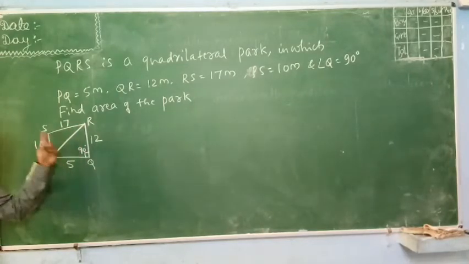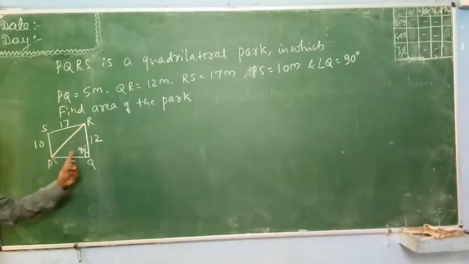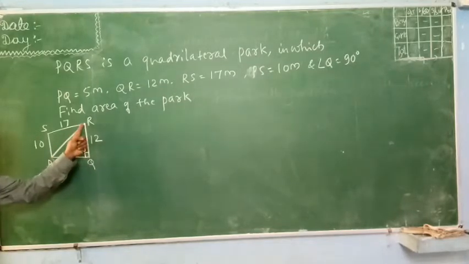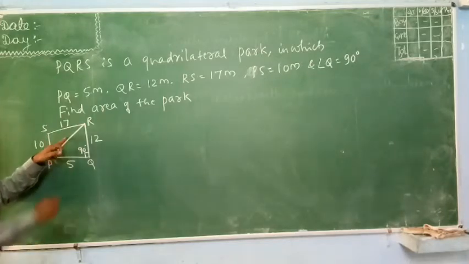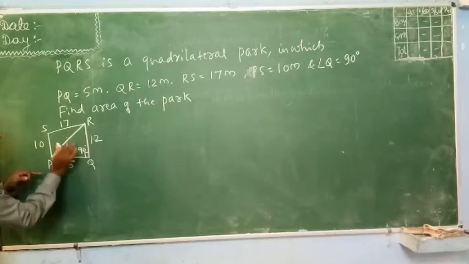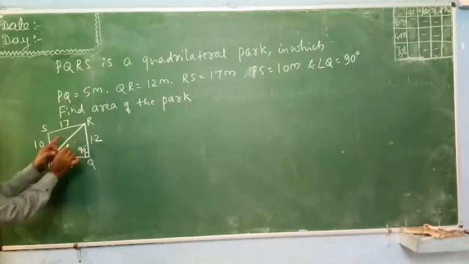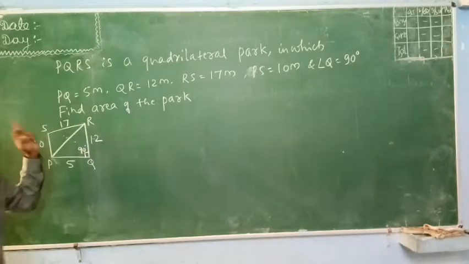I would have joined anywhere, but I am going to join here because this is 90 degrees and I can find the length of this using the Pythagoras theorem. Then these three measurements will be known, and I can find the area of the first triangle. Likewise, these three measurements will be known, and I can find the area of the second triangle.